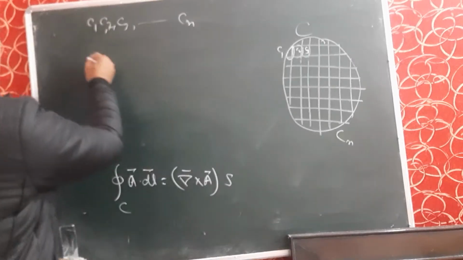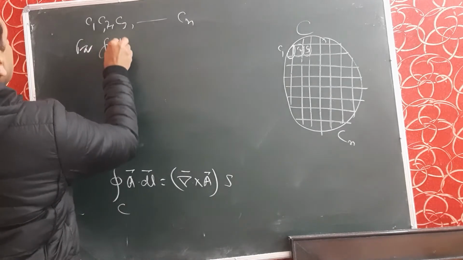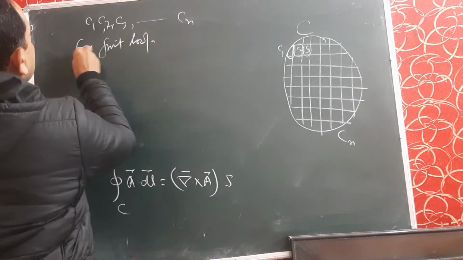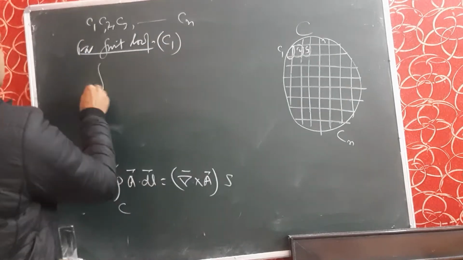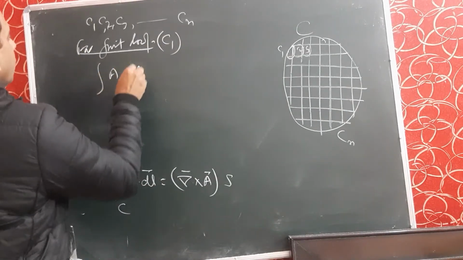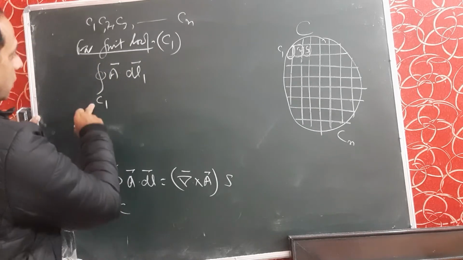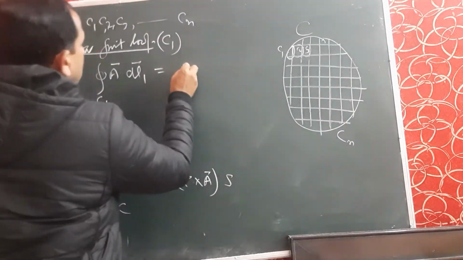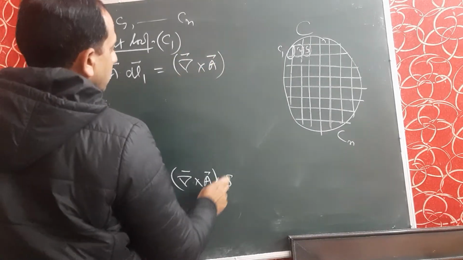So apply this physical meaning for the first loop C1. So we will get the integral of A dot dl1 over C1, and on the right hand side it is del cross A into S1.